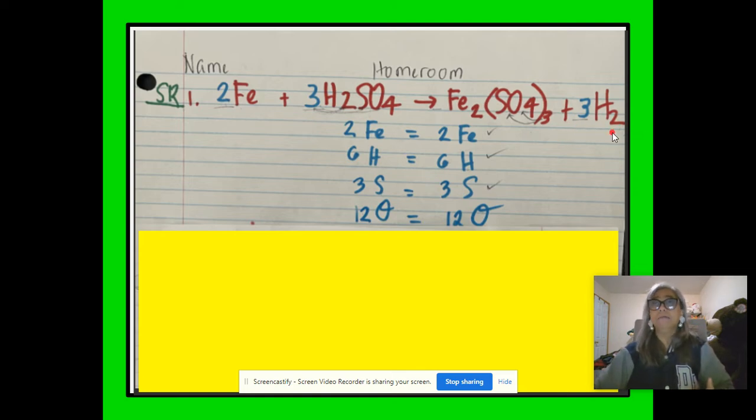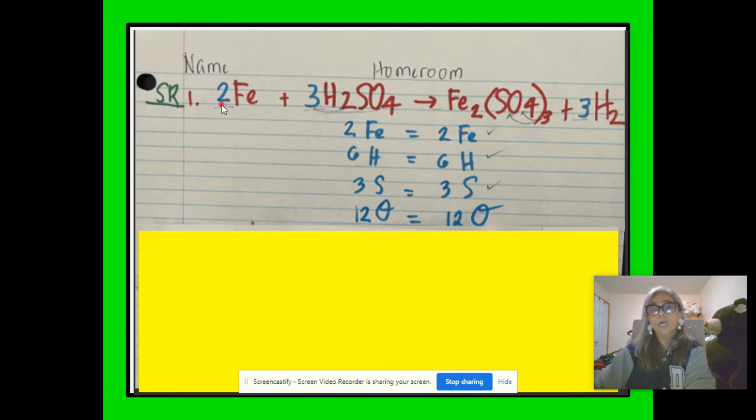Now, in grade 9 science, you're just interested in counting the atoms or writing the formulas correctly, but the naming of compounds, you'll do that when you reach grade 10. So here, for instance, iron or Fe, the same number of atoms on the left side should be the same as the one on the right side. So how do we balance that?